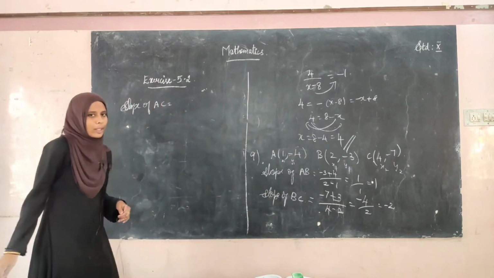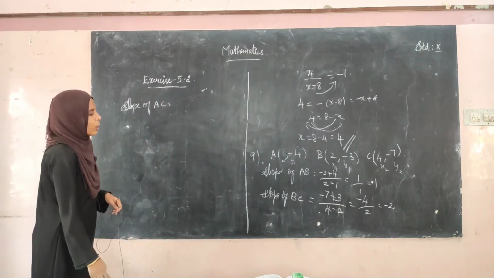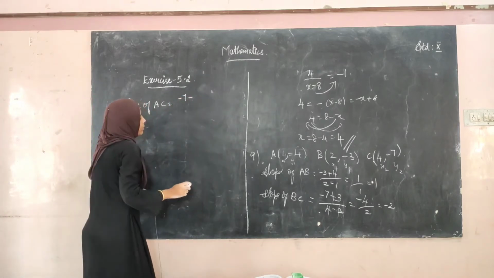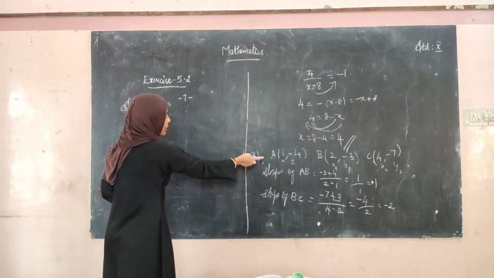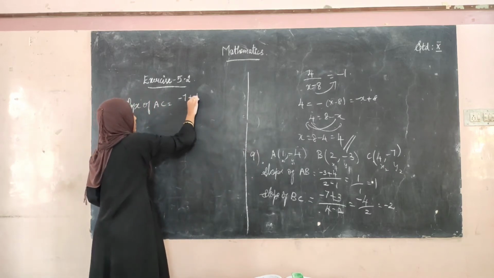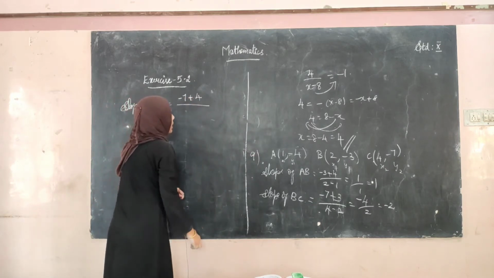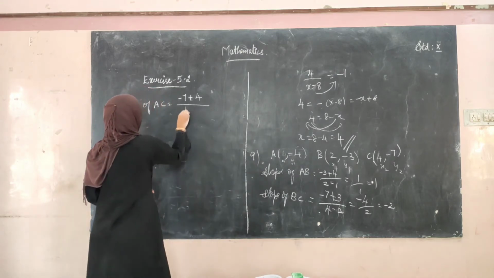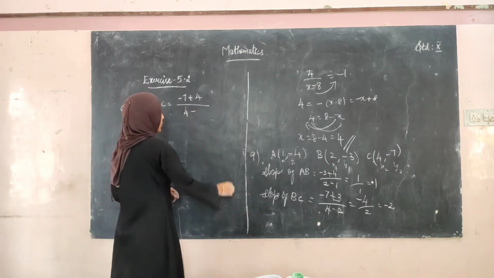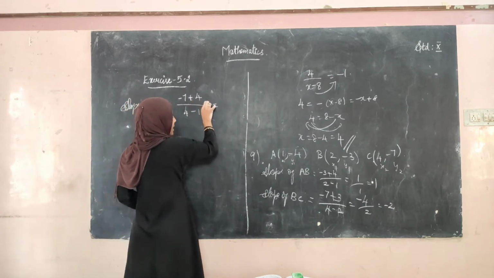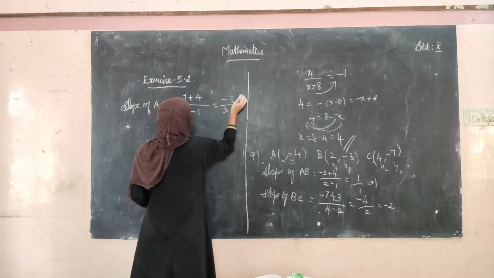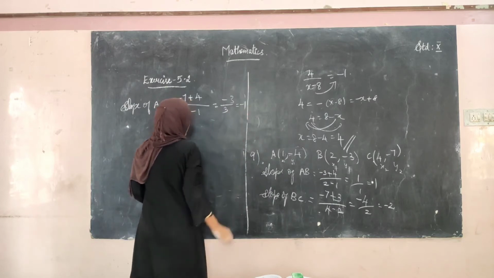The formula is y2 minus y1 divided by x2 minus x1. y2 is -7 minus y1, which is -4, so minus of -4 gets +4, divided by x2 minus x1, which is 4 minus 1. So -7 plus 4 is -3, and 4 minus 1 is 3, which is equal to -1.